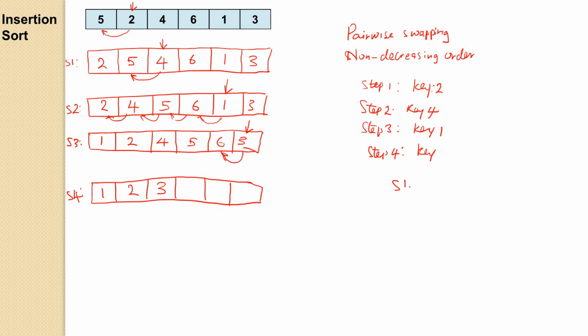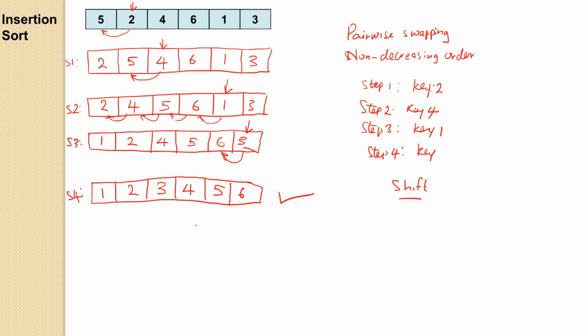We always perform a shift. Don't forget, we need to perform a shift, unlike in bubble sort. That is actually the difference between this and bubble sort. So at this point we shift 4, 5, 6. So let's see: 1, 2, 3, 4, 5, 6. So at this point we have it sorted.